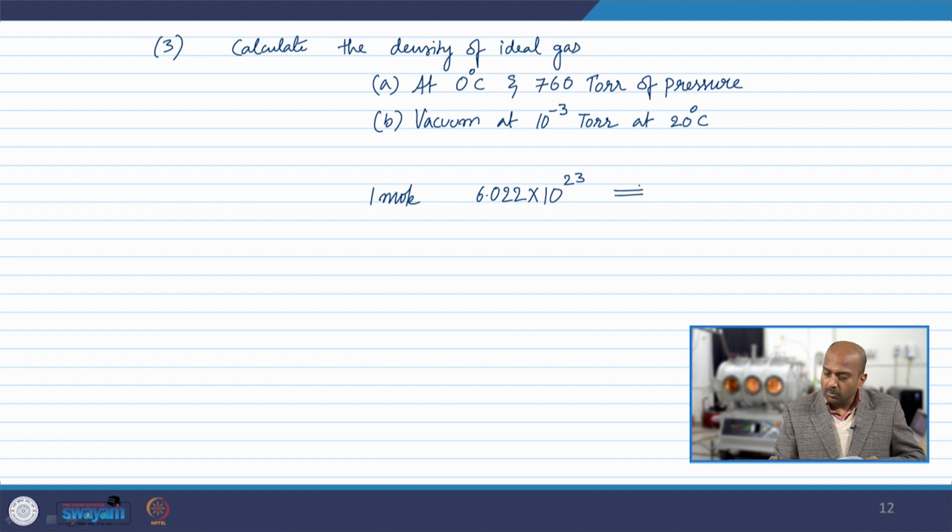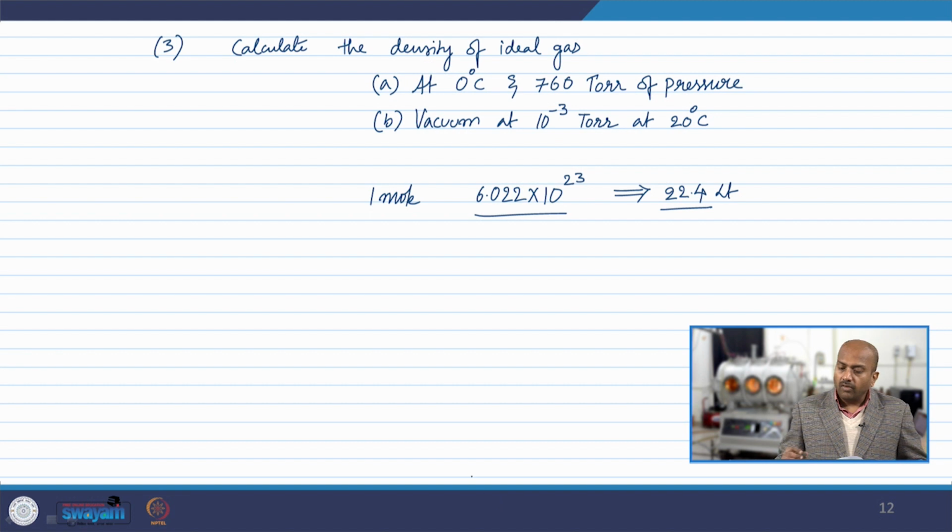And these many molecules occupy 22.4 liters of volume, right. So, we know how many molecules there are and how much volume they would take up.